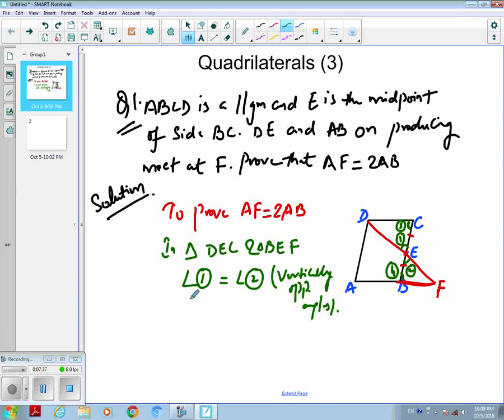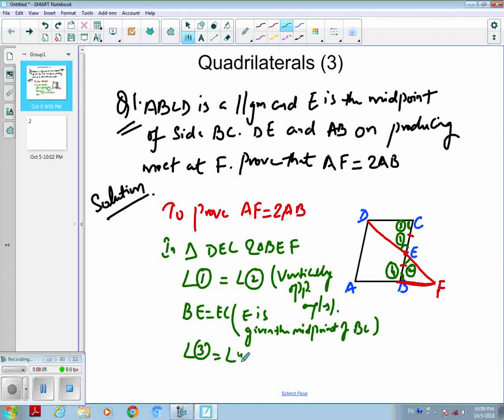Similarly, BE is equal to EC because E is given the midpoint of BC. Then the third thing is angle 3 is equal to angle 4. How? Alternate angles.